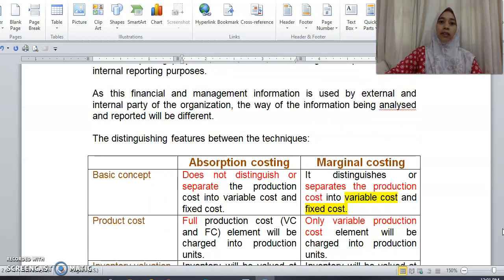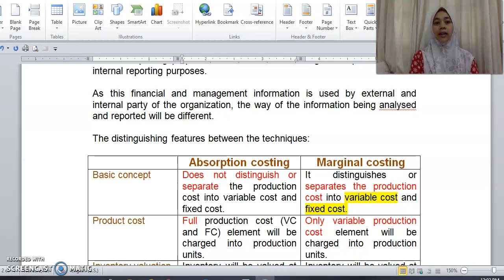If you look here, under absorption costing, it does not distinguish or separate the production cost into variable cost or fixed cost. Whereas under marginal costing, it distinguishes the production cost into a variable portion and a fixed portion.